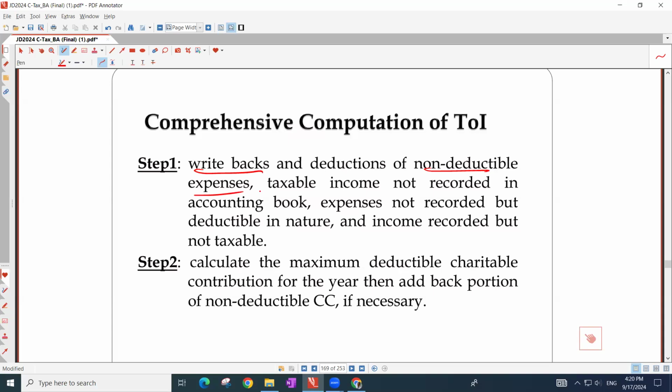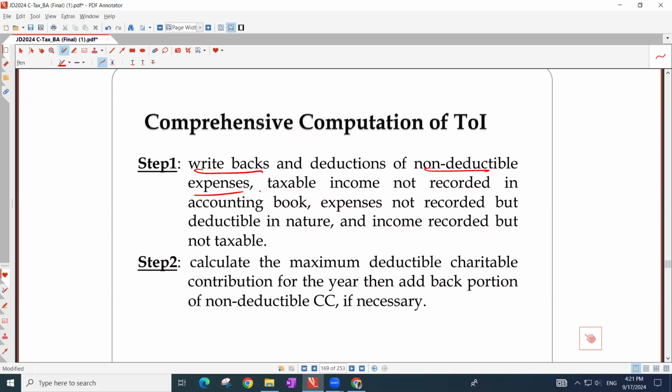For example, unearned revenue, which means we get a payment first, and in accounting you record it as a liability, not as income in the profit and loss account. But unearned revenue is taxable income in nature, so we have to add it back.